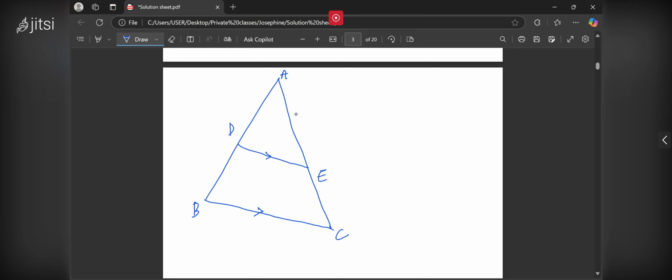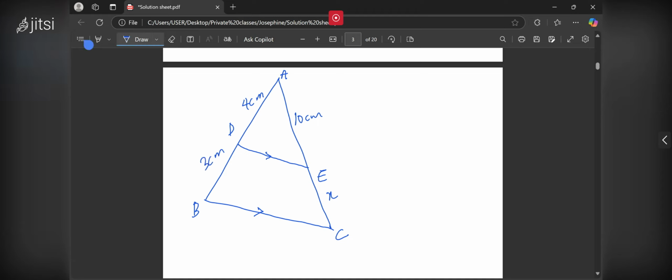And you're given this side to be 10 centimeters, this one to be X, this one to be 4 centimeters, and this one to be 3 centimeters.